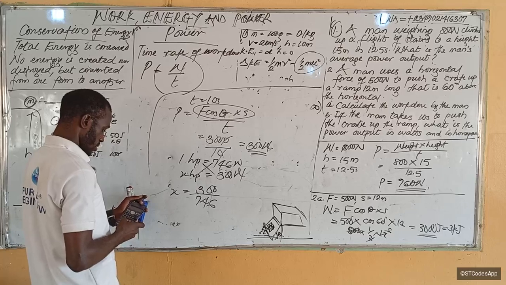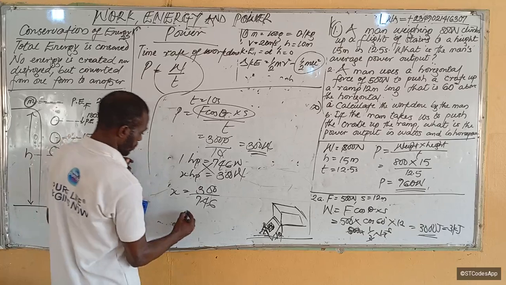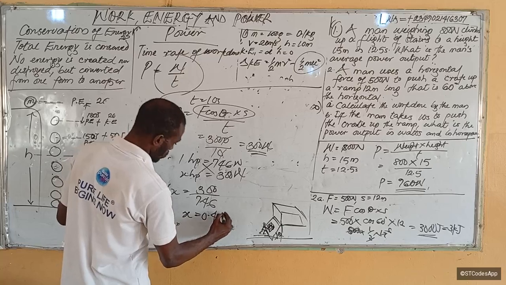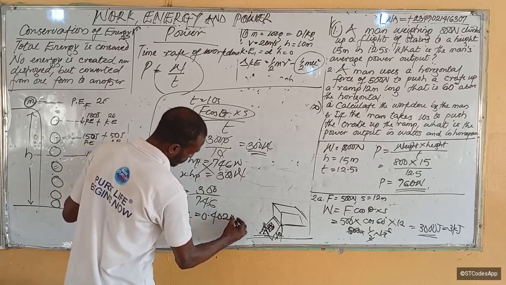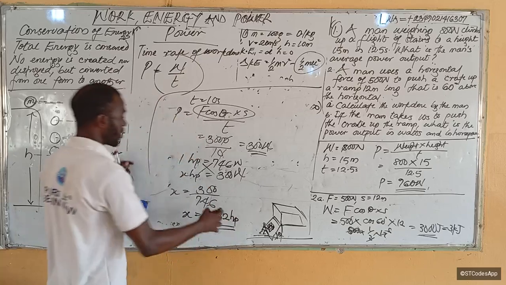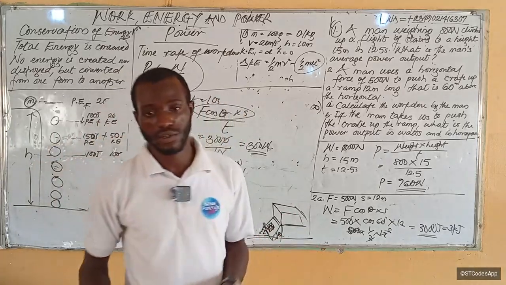That is 0.402 horsepower, sorry. Horsepower is abbreviated HP. Is that clear? Alright, so that's it for this video.